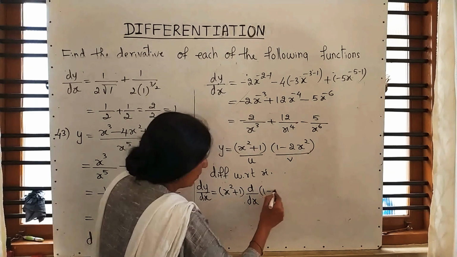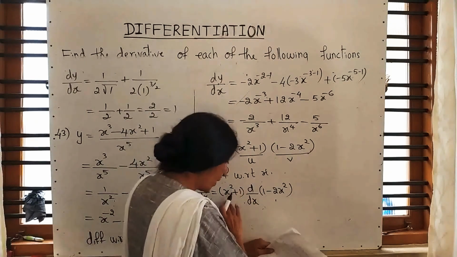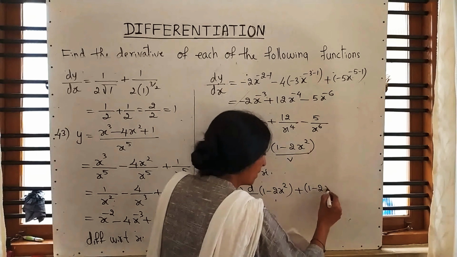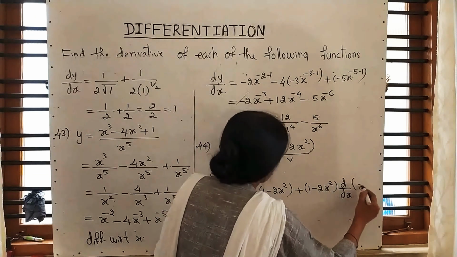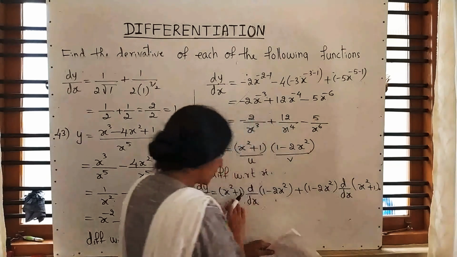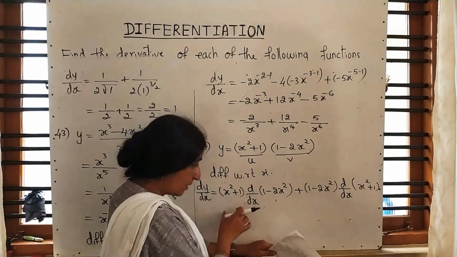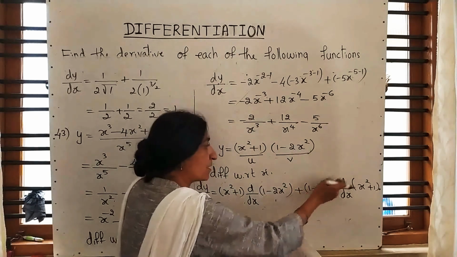Differentiate 1 minus 2x square. Middle plus, u into differentiation of v plus v into differentiation of u. The main concept is here we kept this as a constant. Before differentiation means we kept this as a constant. This we differentiated. Next, this we kept as it is, differentiated that.